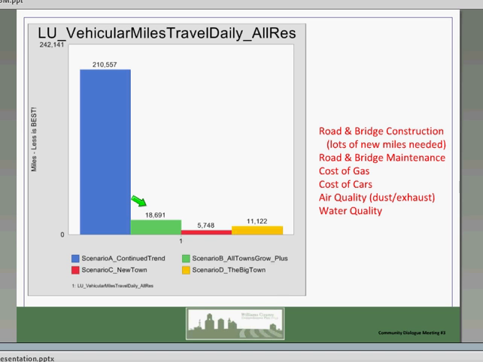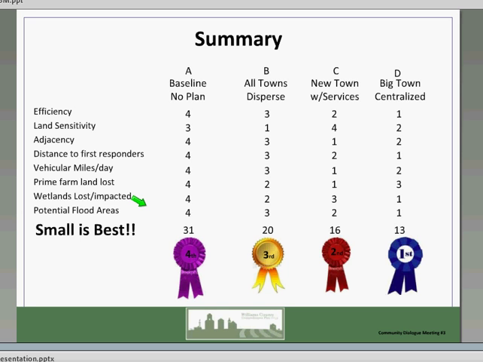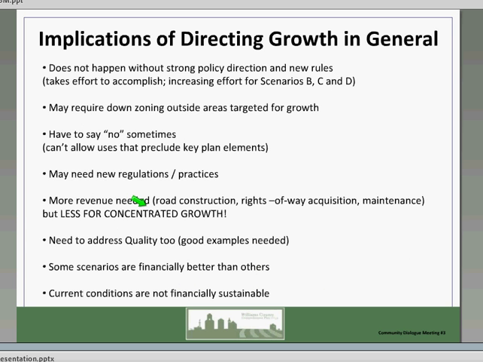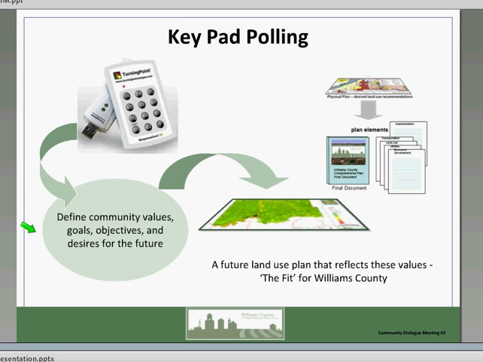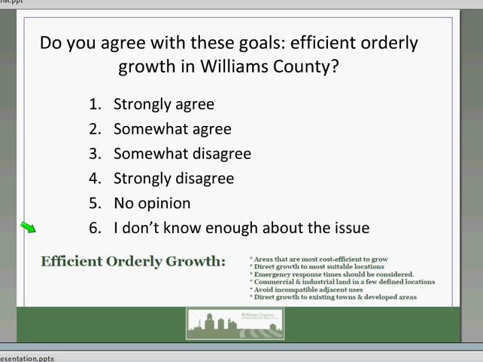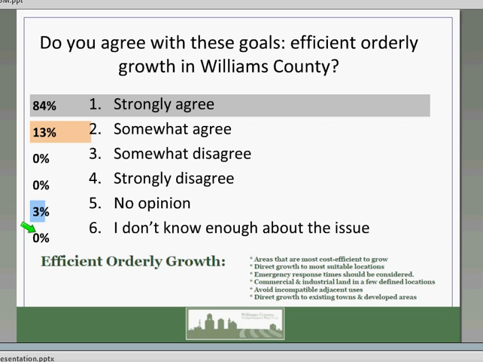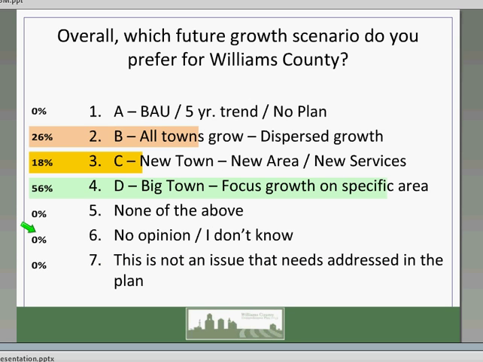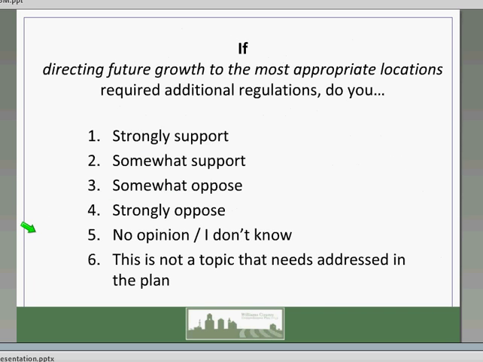The notion is that they made informed choices. We had all of this conversation about how all of these were prepared and talked about what the implications were of being able to direct growth to those areas, what all was needed. And finally, there was a set of questions, and this begins to show you the amount of support that was given to various concepts.